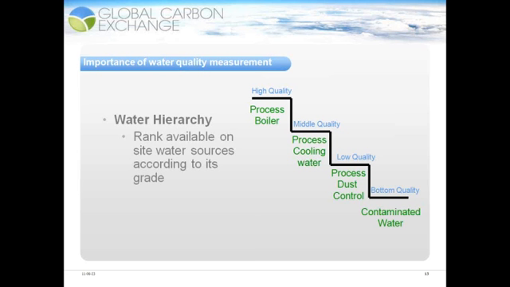And after time, this buildup of minerals, which is called scale, will build up on the inside of the boiler itself and actually decrease the efficiency of the boiler and hence have adverse effects on that specific operation.